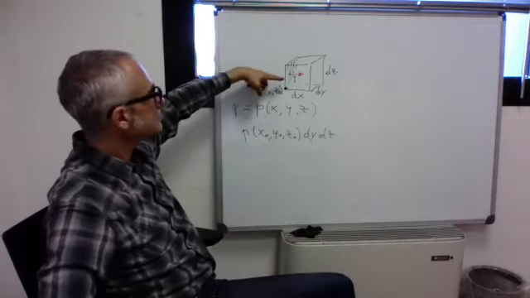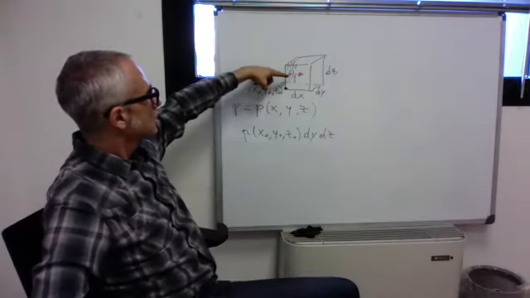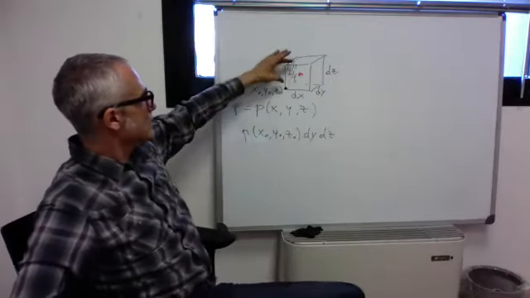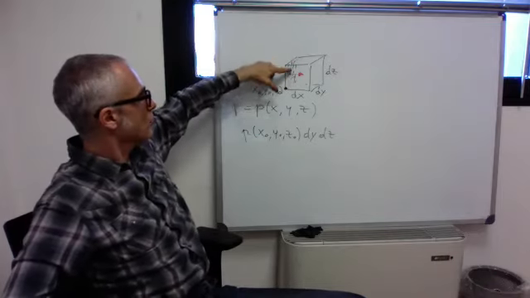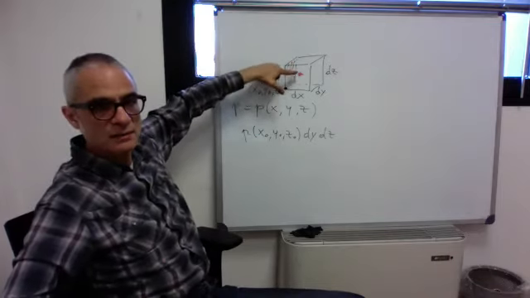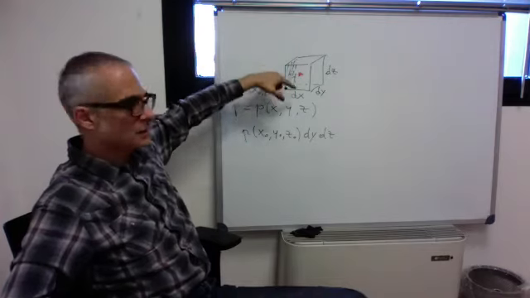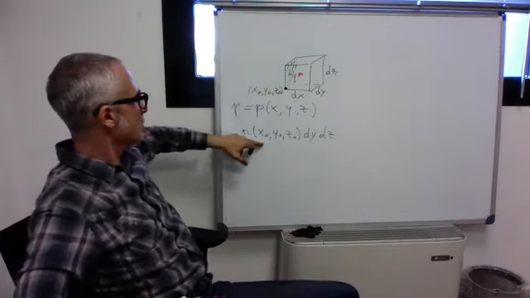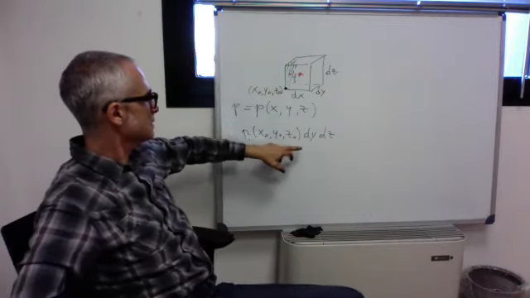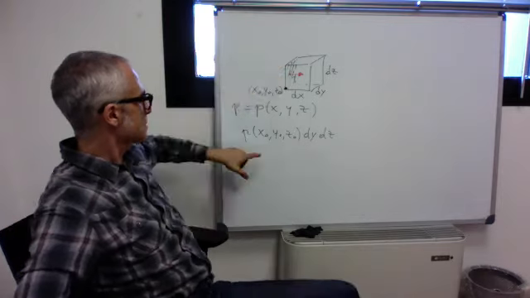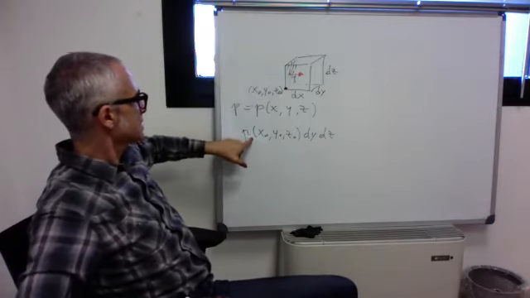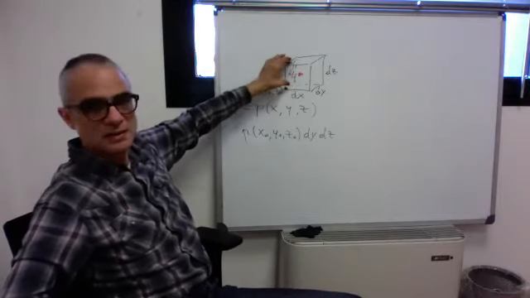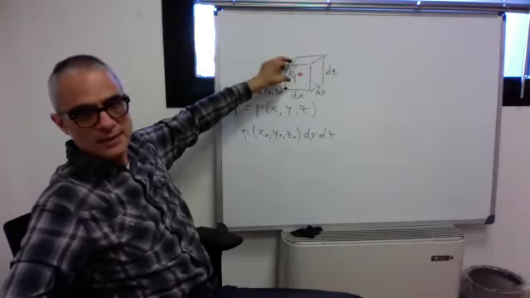So you can always make it small enough that the pressure can be considered constant all over this area that I darkened. Okay, so if within this area P is constant, approximately, then the force will be just P multiplied by the surface, which is dy times dz.